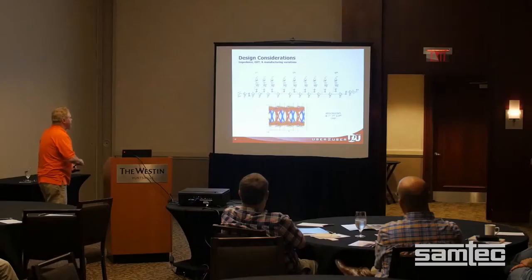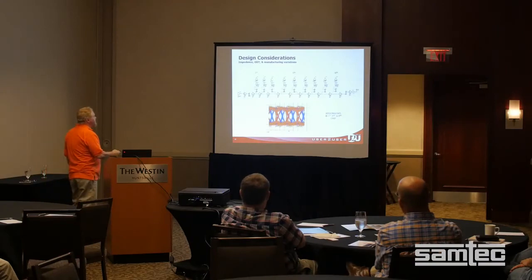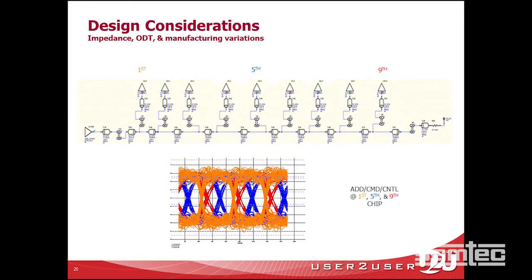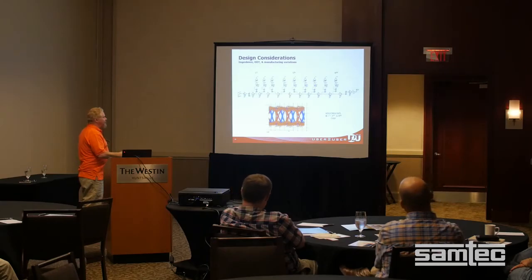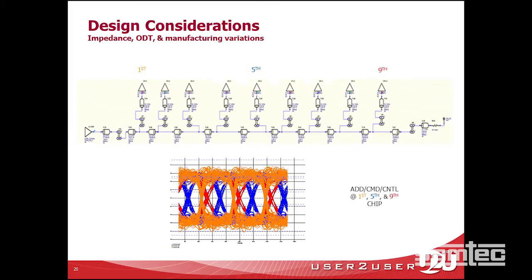A little short, reflects it back. You go to the next one, reflects it back. You go to the next one. So all those reflections from all of these loads go back to the first one. And then, of course, over here it's terminated. So usually the best one is where? Right there. You can see the middle one, and then the first one is the worst one.